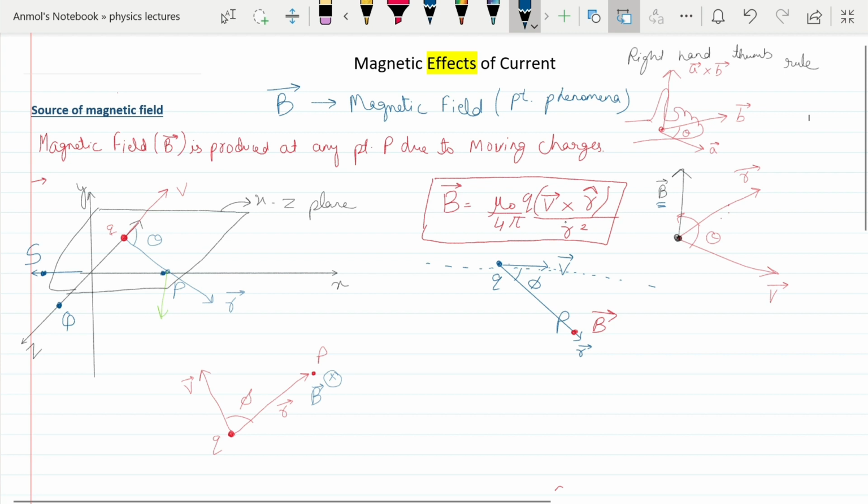How will you decide the direction? You will decide it according to the right hand thumb rule. If I place my hand and these are my fingers, and I curl my fingers from vector v to vector R, the position vector, the thumb will tell me the direction of the magnetic field.